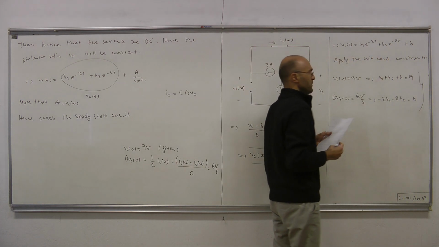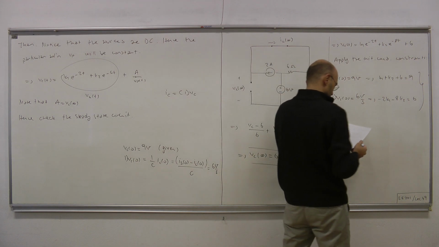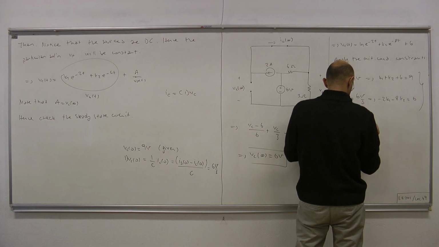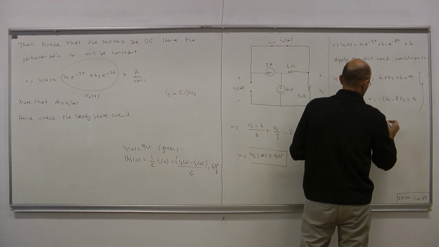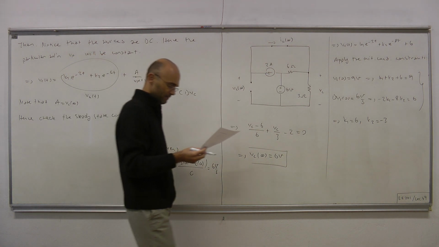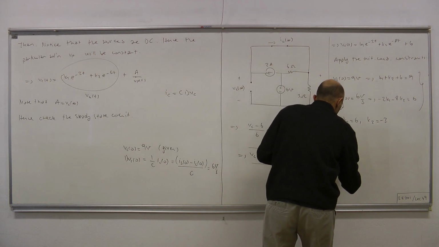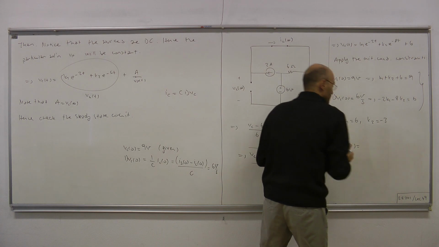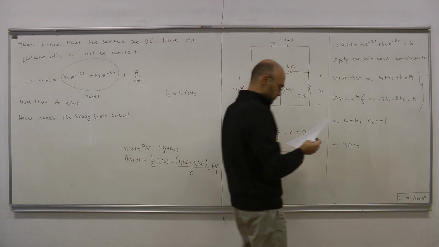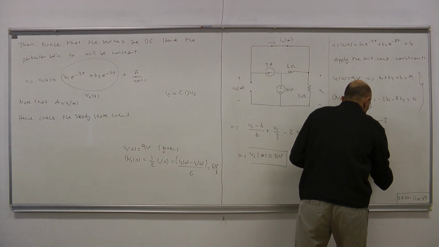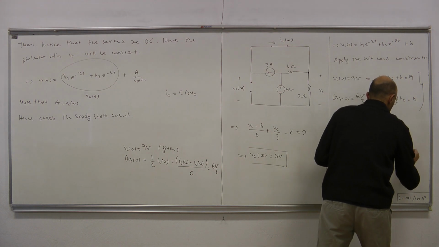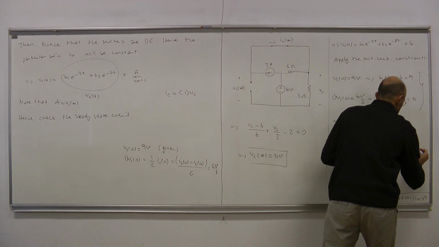That gives us the following values: K1 equals 6 and K2 equals minus 3. And we're done. The capacitor voltage for t greater than or equal to 0 must therefore be 6 e to the minus 2t minus 3 e to the minus 8t plus the particular solution, 6 volts.